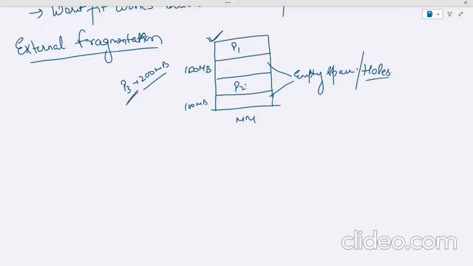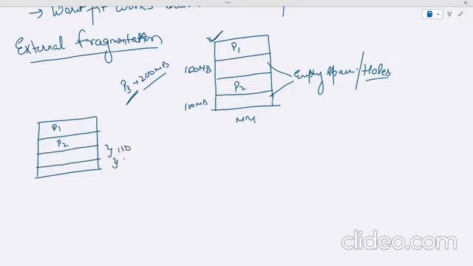But what happens if the empty spaces are placed on one side and all the filled spaces on the other? What if P1 is allocated like this, then just after P1, P2 is allocated, and these two blocks, 150 MB and 100 MB, are together here? Now P3 comes, and because it's dynamic, variable partitioning, we can adjust the blocks.